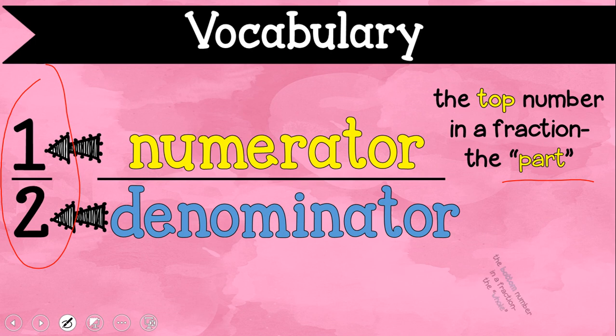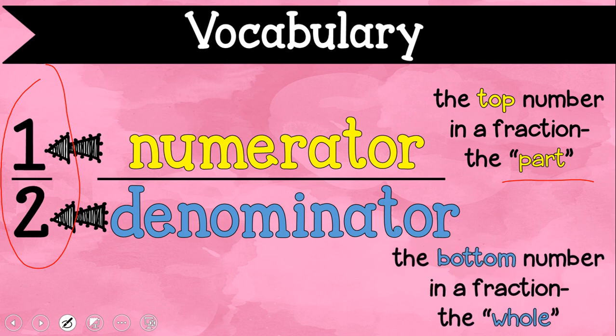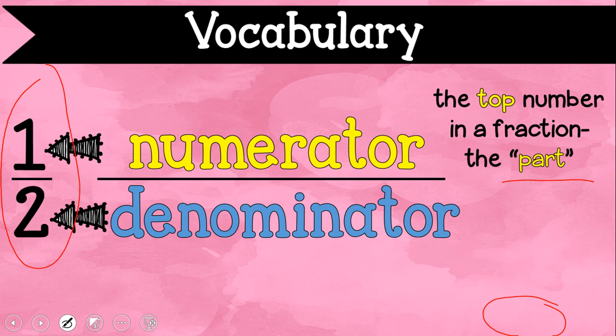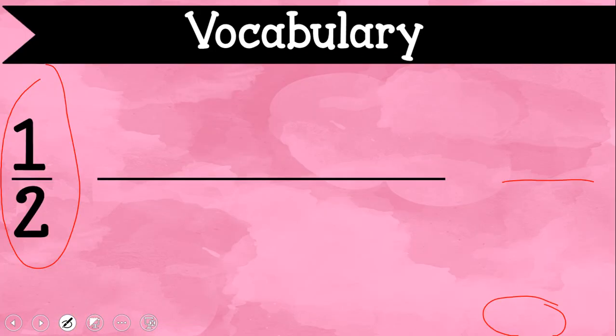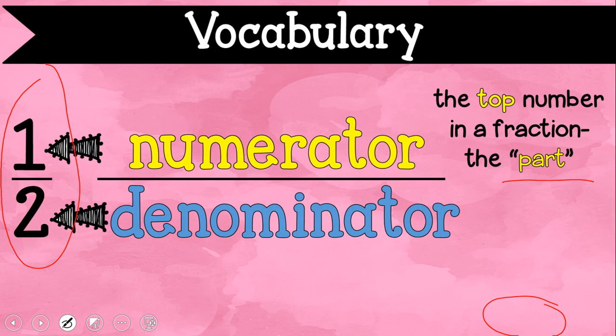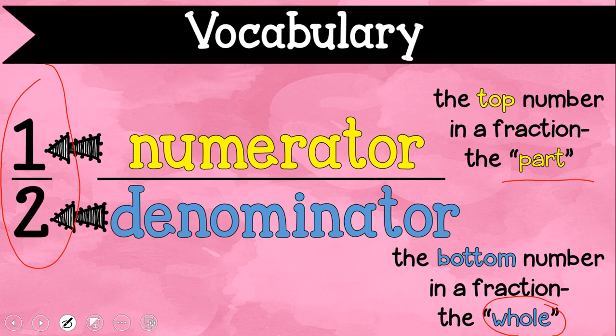And then denominator, which is the bottom number, and that is the whole. So going back to our pizza, we had 6 slices, so we put 6 on the bottom because that's the whole pizza, and then Alan ate 2, so that's 2/6, okay?